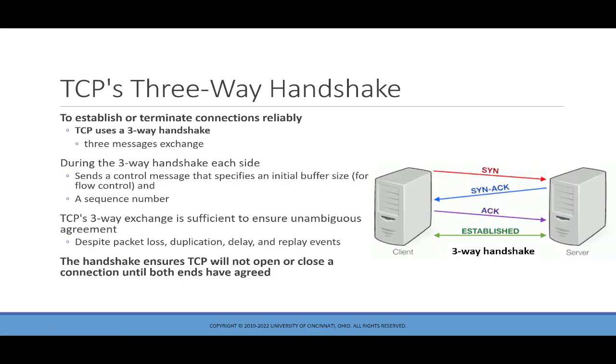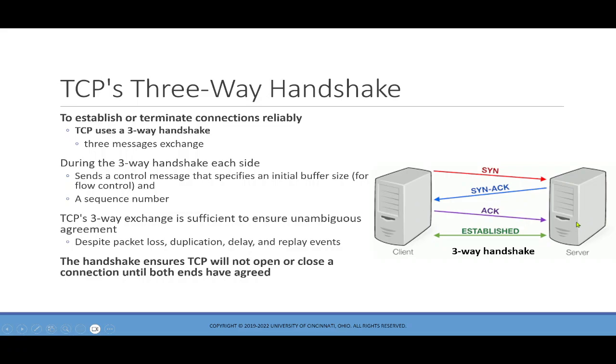Okay. This slide talks about the three-way handshake, which we've already covered in an earlier slide. When a computer creates a connection, either establishing or terminating, it uses a three-way handshake. So one computer says, hey, I'd like to talk with you. The other computer responds, I understand you'd like to talk with me, and I'm okay with that.